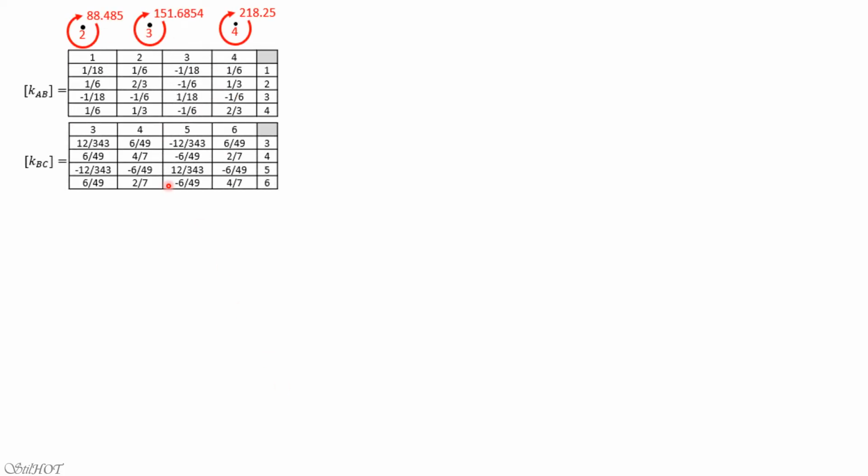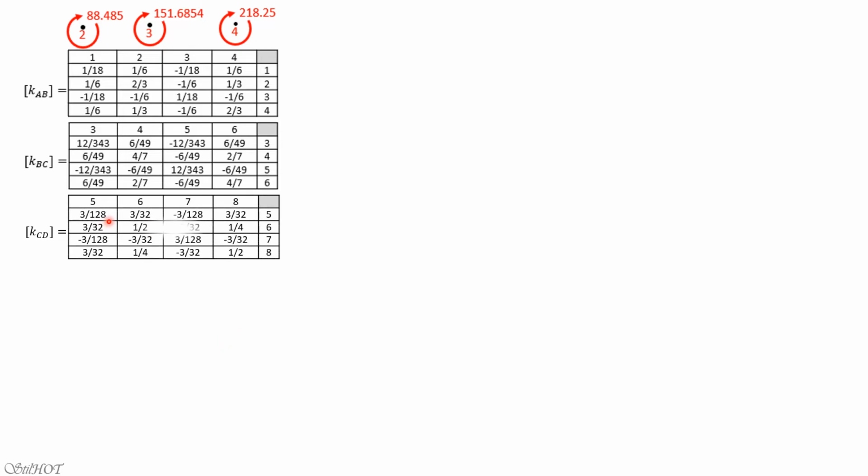So I copy the stiffnesses and the nodal loads so that this will serve as our guide in computing the displacements. KCD is 12 divided by the span cube. So 3 over 128, and we already experienced this.